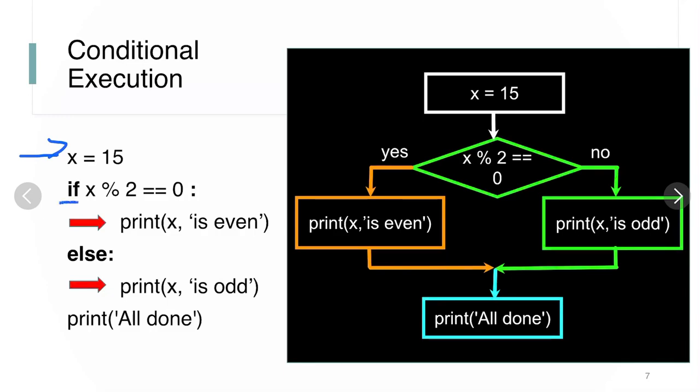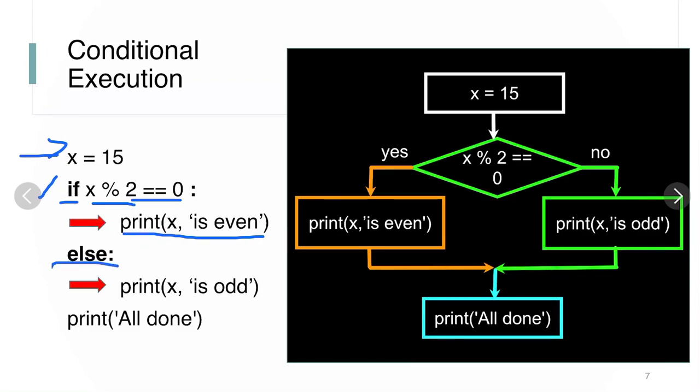If the variable x is divisible by 2, so x divided by 2 has a remainder equal to 0, then it will execute the next statement after the if statement, and it will print x is even.